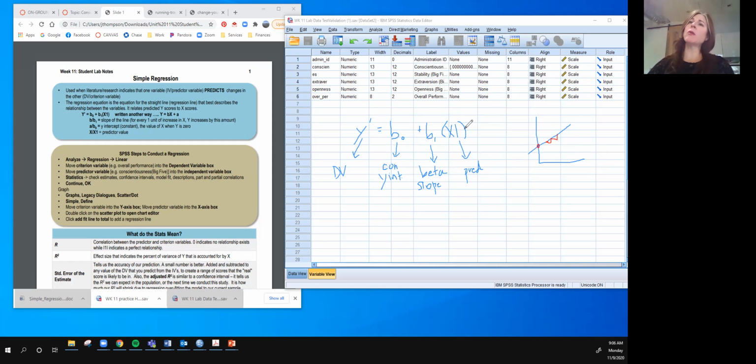So if this variable doesn't have a lot of influence, your line's going to be rather flat. And if it has a lot of influence, it's going to make a steeper line. So what is so cool about regression is that we can use it to predict the future. So if I run a correlation, I'm sorry, a validation study.